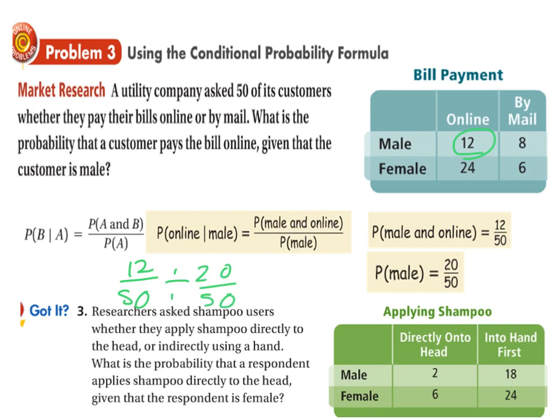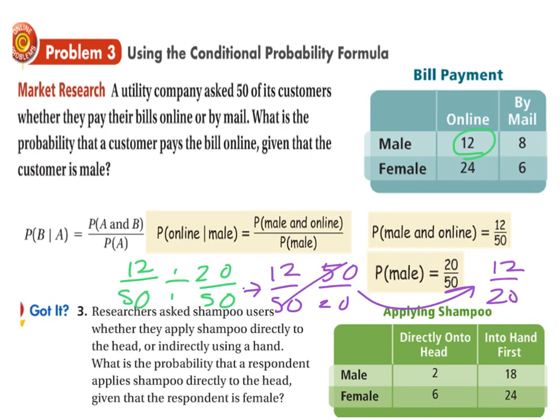And notice what I did there is I wrote that fraction as a division problem. Of course, what we want to do then is change the division to multiplying by the reciprocal, and you'll see how that works out to cancel out those 50s, and we get 12 out of 20, which of course reduces down.